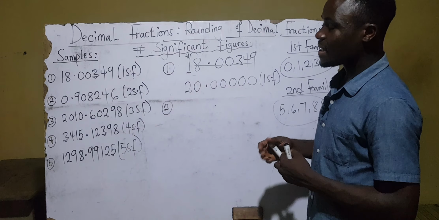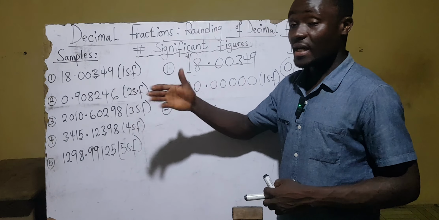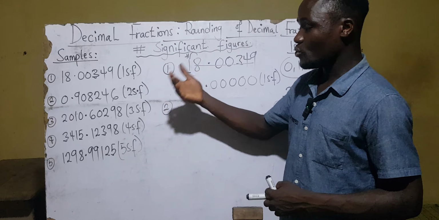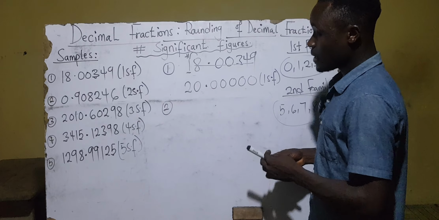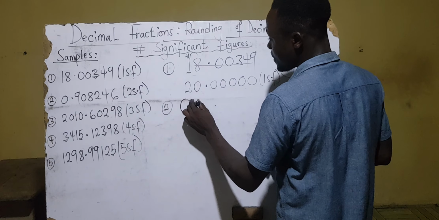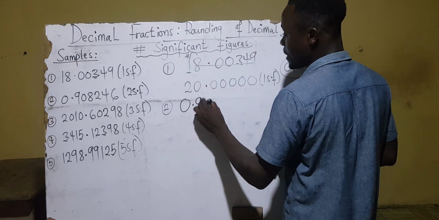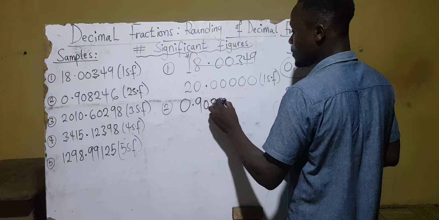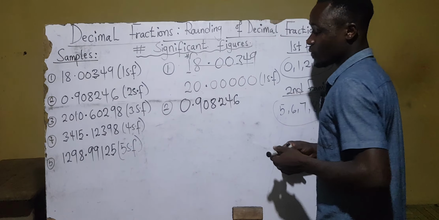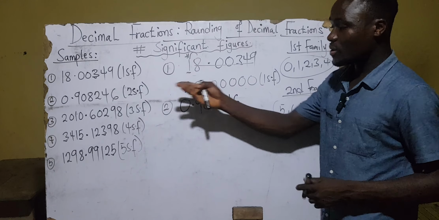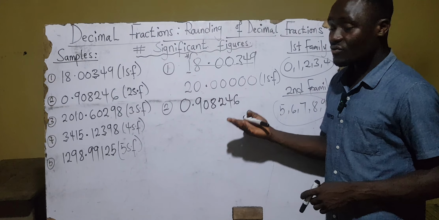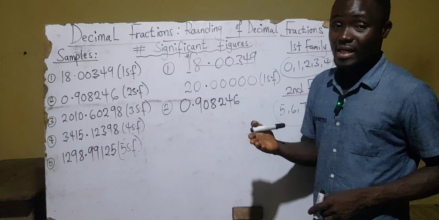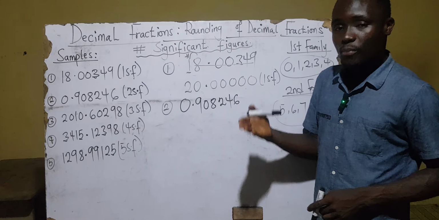Question number 2, we've been tasked to round to 2 significant places. I get me? 2 significant places. And the decimal number is 0.908246. So for me to be able to round this one to 2 significant places, first we have to identify the digit that lies within the 2 significant position.